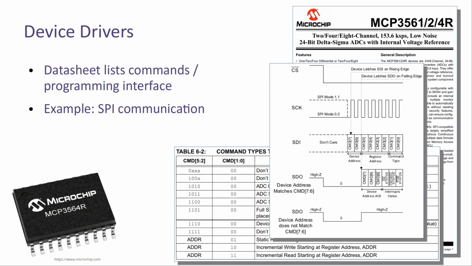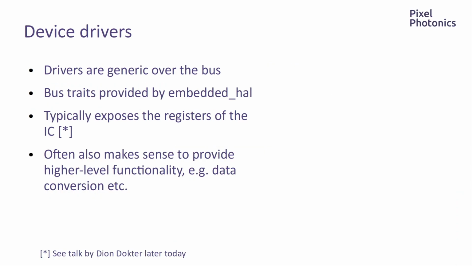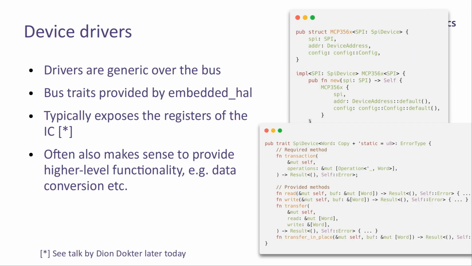Either you're lucky and there's a crate available for this already, or you write it yourself, which is not super difficult to do. How do you actually go ahead and do this? Essentially, you start with a simple struct, and then you add the impls on the struct as you would implement any kind of API.